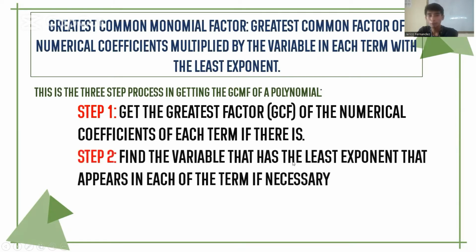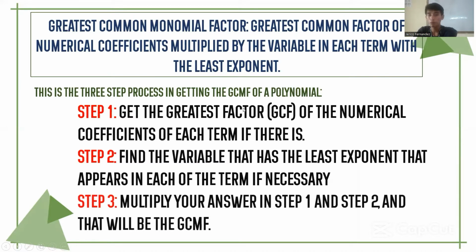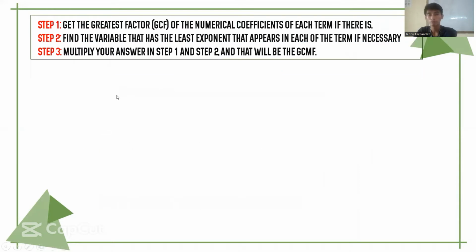Pangalawa, find the variable that has the least exponent that appears in each of the term if necessary. So, sa kada term, titingnan natin ano yung variable na pare-pareho. And then, titingnan natin alin yung may least exponent. Now, for the last part, imumultiply mo yung sagot mo sa 1 at yung sagot mo sa step 2. So, that will be the GCMF or greatest common monomial factor.